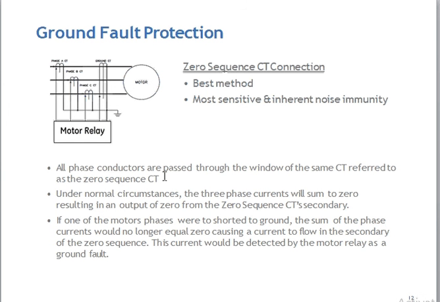Under normal circumstances, the three phase currents sum to zero, resulting in an output of zero from the zero sequence CT. If one of the motor phases were shorted to ground, the sum of the phase currents would no longer equal zero, causing a current to flow in the secondary of the zero sequence CT.